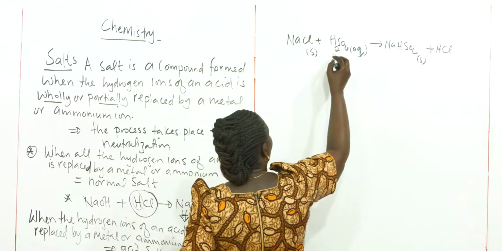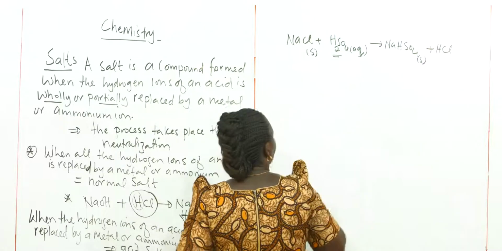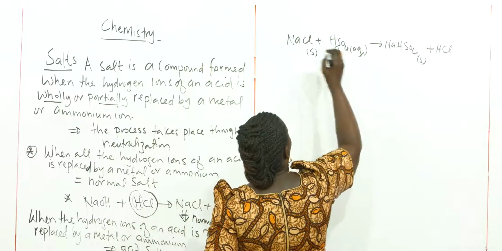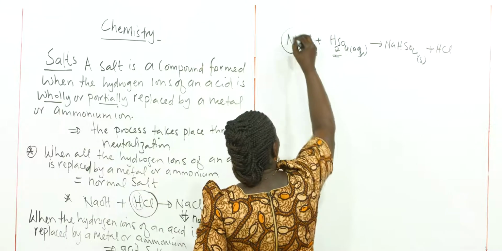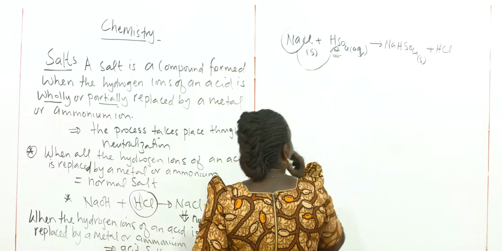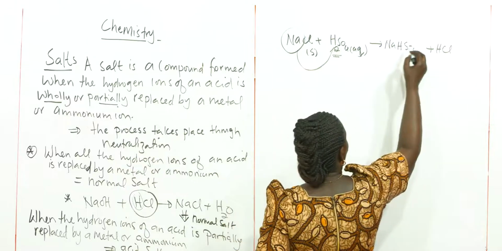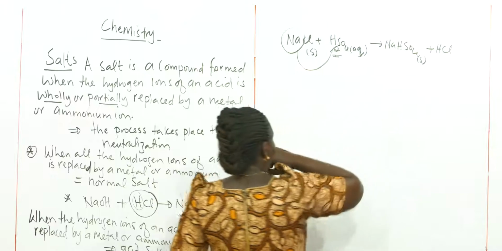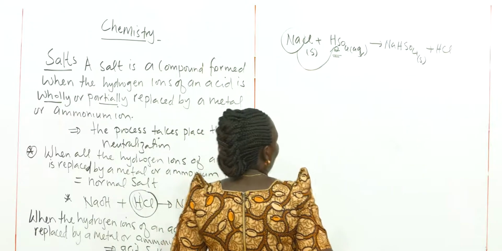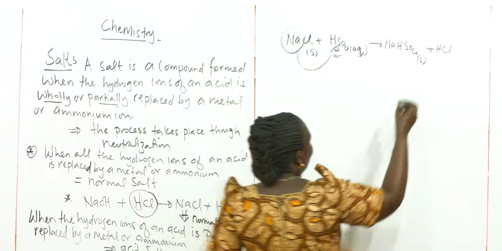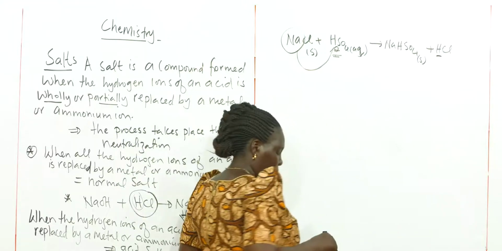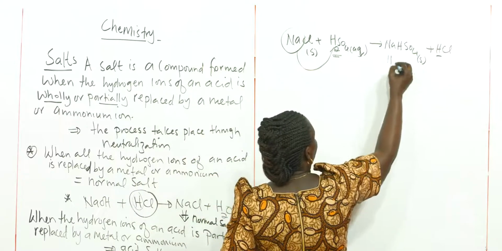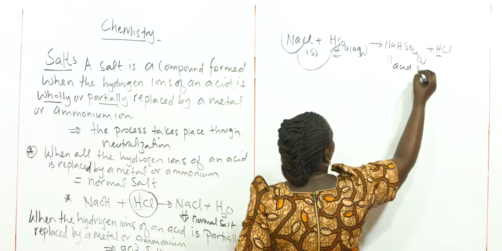So here sulfuric acid has 2 hydrogen atoms. One hydrogen atom will be replaced. This will be taken by the metal, sodium, which will take the place of only one. So we have sodium hydrogen sulfate plus hydrochloric acid. So still one hydrogen remains. This one here, we call an acid salt.